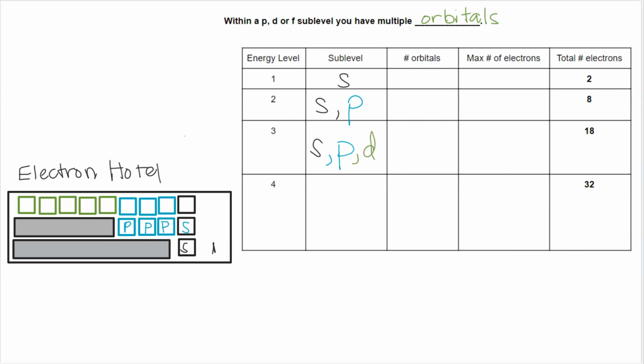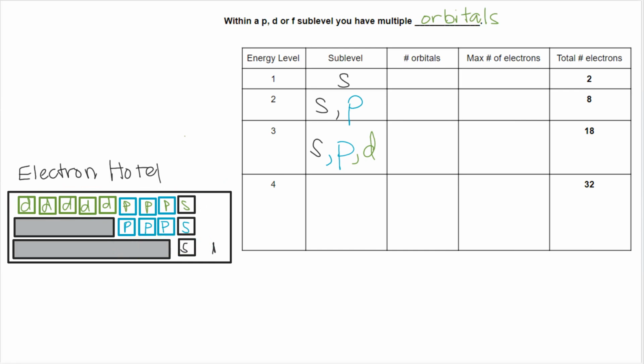So you notice we still have our S, we still have our P rooms, but now we also have a new type. We have D-type sublevels or rooms. So you can see in our electron hotel, as we use more energy to go up to higher energy levels, we increase the type or the variety of orbitals that we have. We increase the variety of the rooms as we go up in our hotel.